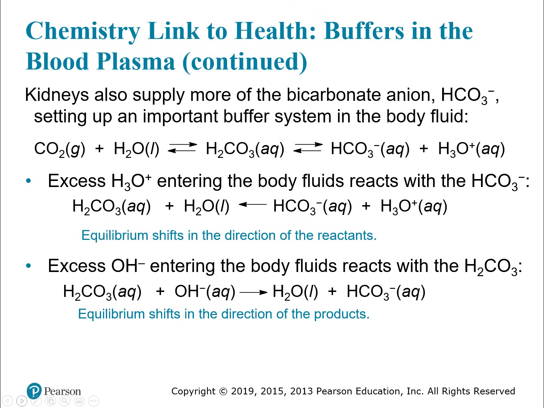The kidney is supplying more of that conjugate base. So if you have excess hydronium ions entering your body fluids, they're going to react with that bicarbonate, which is the conjugate base. If you have hydroxide entering your body fluids, it will react with the carbonic acid.